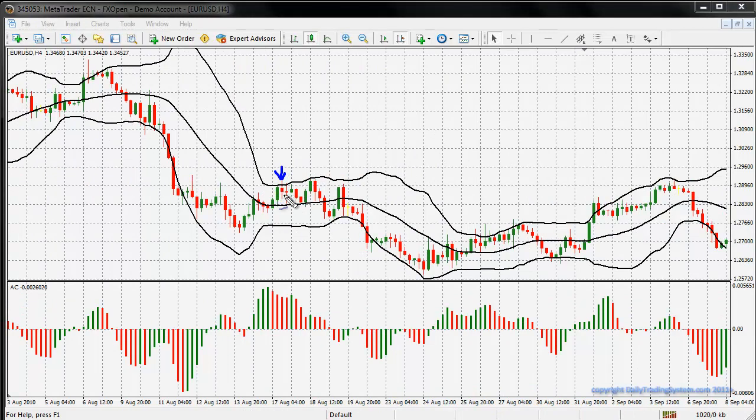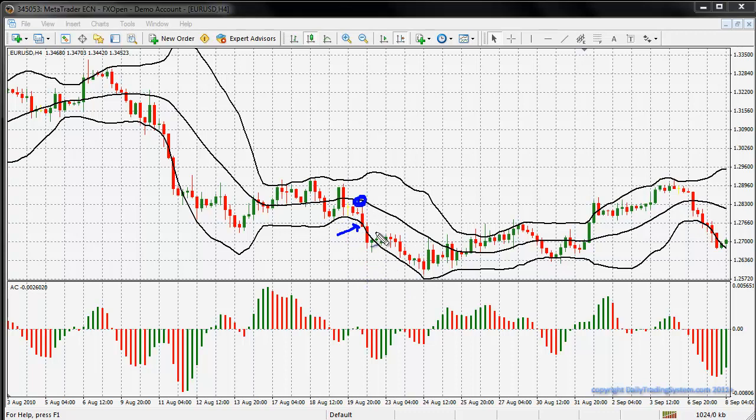Well no, because the close didn't close above the upper band, where you see where the bands start to go sideways for a bit and then it starts to break out. Alright, you will see that this particular candle right here did indeed close below that black line. So, and then the rest of the trend was established, and that was your alert.